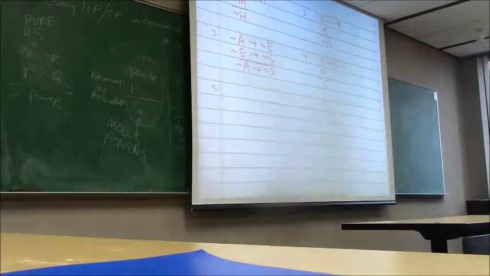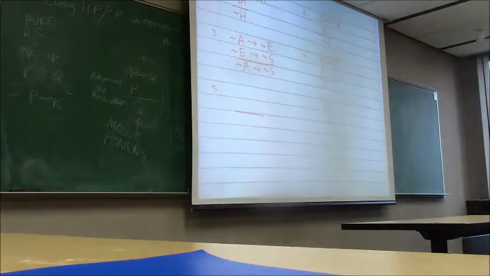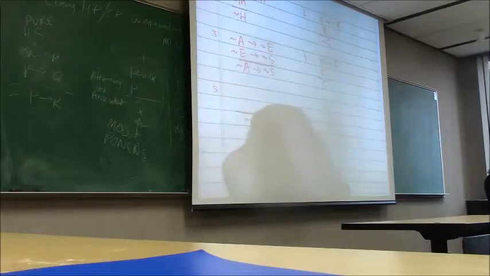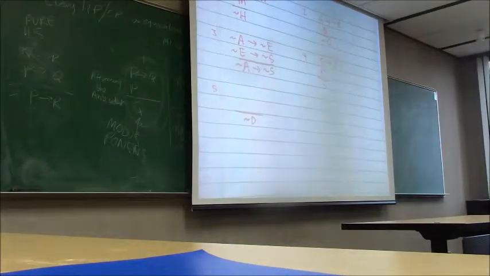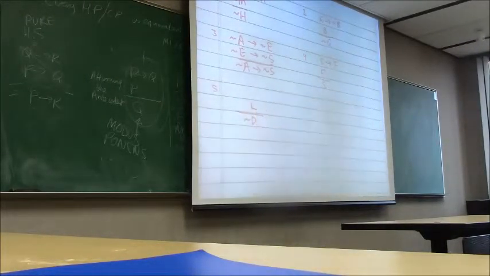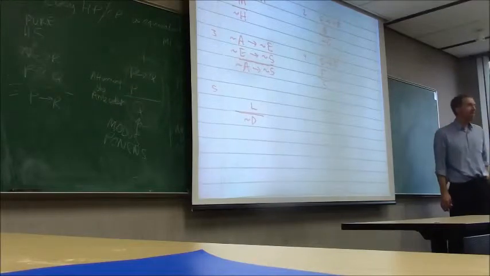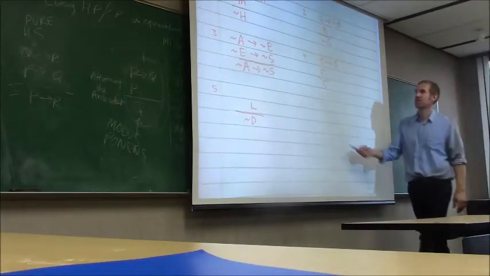What is the conclusion? What is it you're trying to prove? That the battery isn't dead. So, not D. And what's your premise? Let's say L. What is your assumption then in the form of a hypothetical, the missing hypothetical premise?